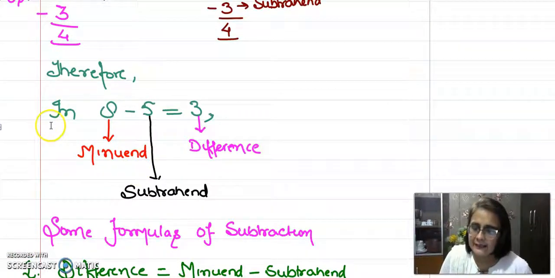If I take one more example, 8 minus 5 which is equal to 3, instead of writing in a vertical way, I am writing in a horizontal way. So here 8, from which 5 is subtracted, is called minuend. This 5, which is subtracted from 8, is called subtrahend, and the answer, that is 3, is called difference.